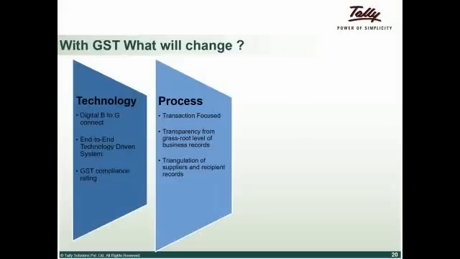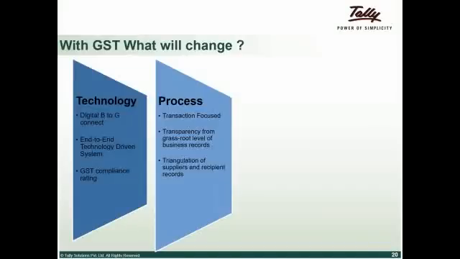The process is, first, transaction focused. All my purchases and all my sales that I am recording and uploading need to be recorded and uploaded properly, because the other party is also going to upload that information, and it will get triangulated, or cross-verified. So that is number one.